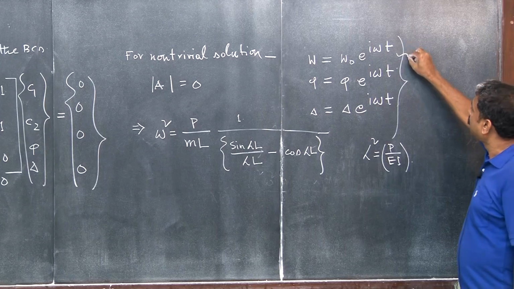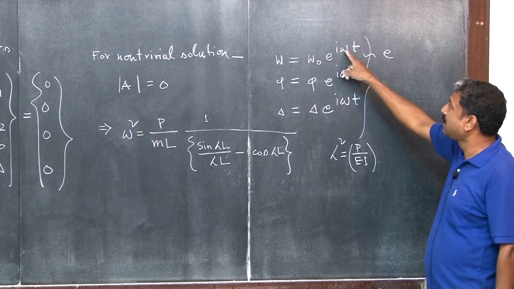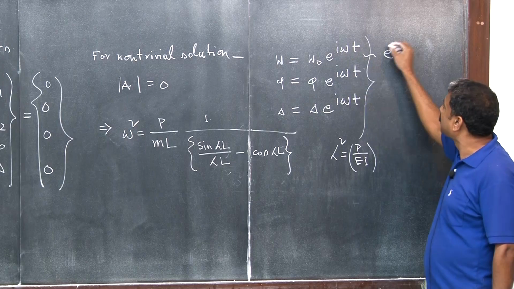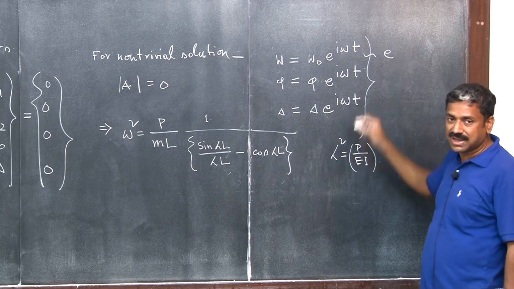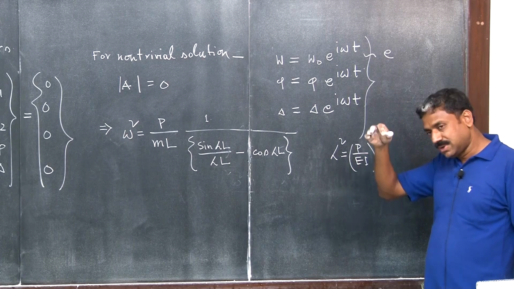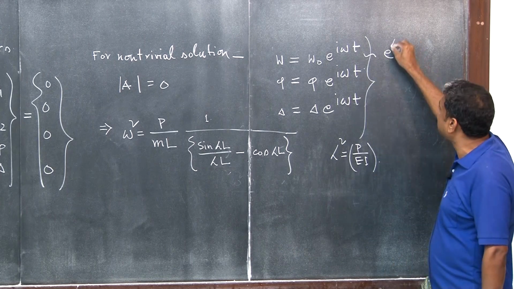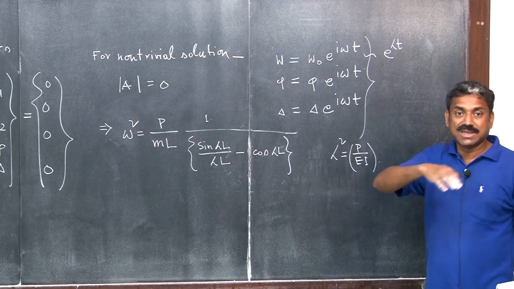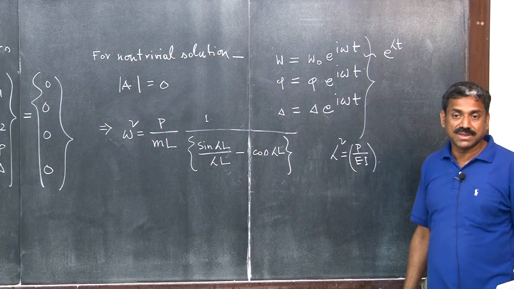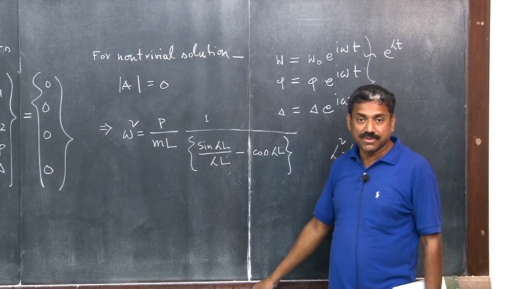If omega is imaginary, say omega is i lambda, then e to the power i square lambda t, and i square lambda means minus lambda t, right? Minus lambda t is still fine, because it will decay, but it will not allow the periodic solution. But if it is plus lambda t, then it will grow. You understand? That will indicate some kind of divergence, some kind of instability. Let us see what happens to omega.